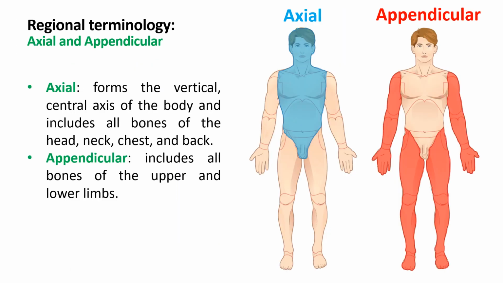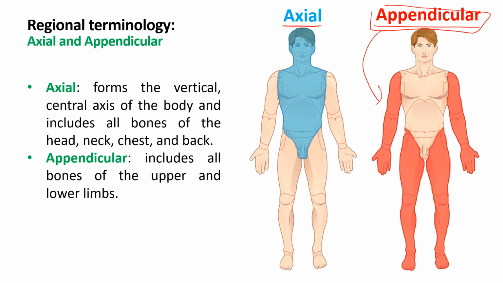Okay, let's move on. Now let's talk about the terms axial and appendicular. Primarily, we're going to use these when we study the skeletal system and the muscular system. You will see that most of the time when we study the skeletal system, we divide the body into axial skeleton and appendicular skeleton. I want you to get familiar with the term appendicular because this refers to the extremities.